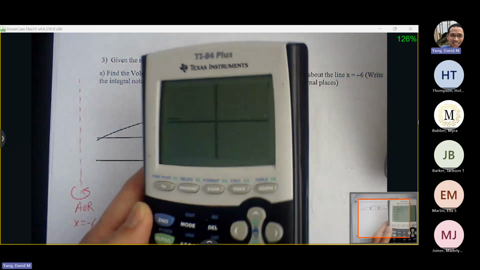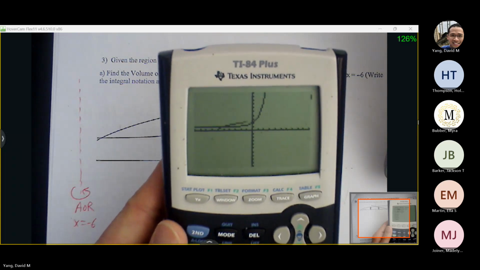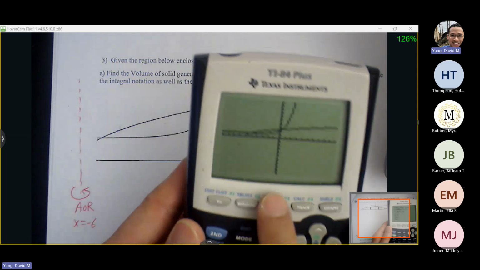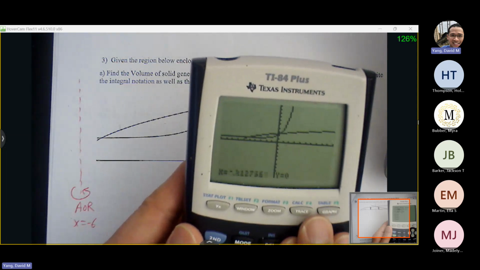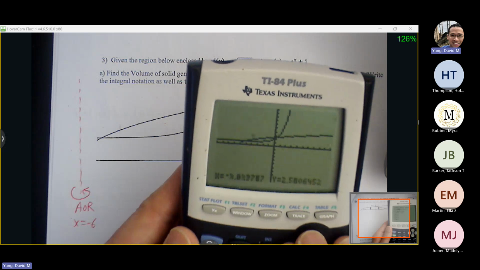Zoom 6 gives me that standard window. Maybe I want to do a zoom box, but we don't really have to since everything is there.